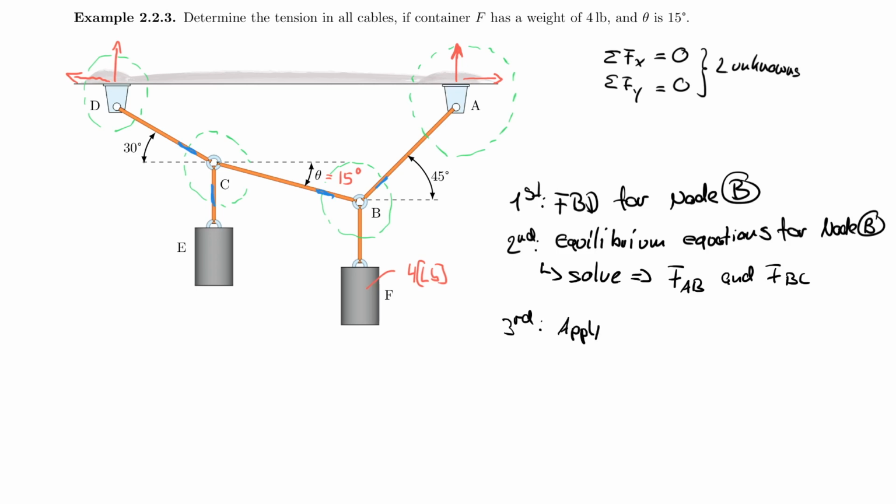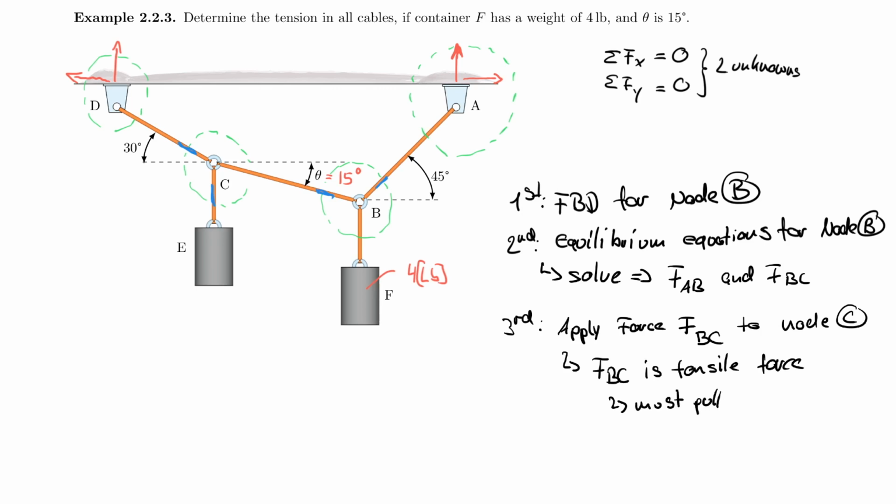So that in my third step, I can now apply force FBC to node C. And please understand that FBC is a tensile force, and therefore must pull away from node C. So this can often be confusing because students think, hey, I calculated my force for node B and BC was pulling to the left.